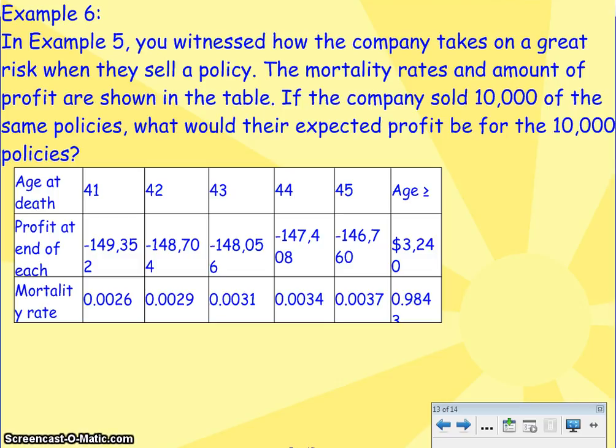So in order to do this, we're going to need to actually write out each particular year. So we're looking at a mortality rate of 0.0026, and we're going to multiply that by the profit, which is a negative 149,352.